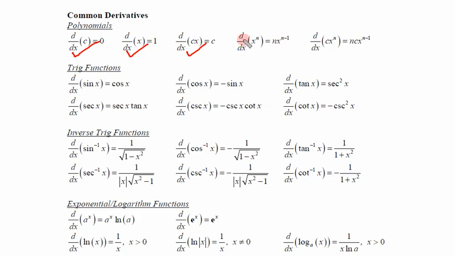Now d upon dx of x to the power n is n x to the power n minus 1. D upon dx of c x to the power n, c is just in front, c n x to the power n minus 1. These are 5 formulae.